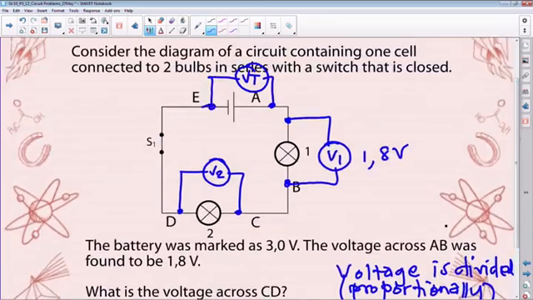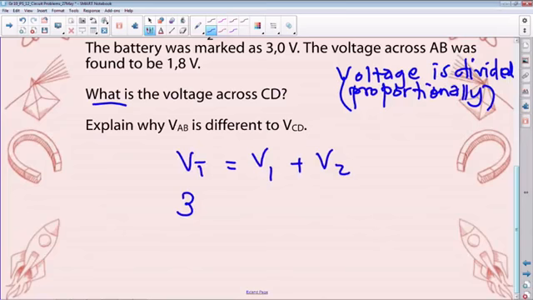So in other words, what are we saying? We're saying that V total is equal to V1 plus V2, meaning that the total voltage is divided in the circuit. If we've got our V total, which is equal to V1 plus V2, we are simply saying that the 3 volts is equal to our V1, which is 1.8, plus our unknown V2.